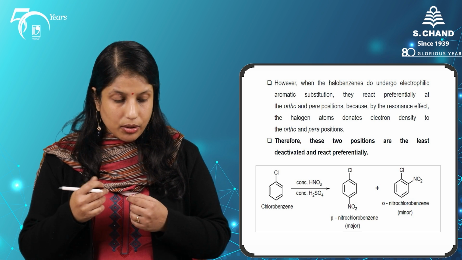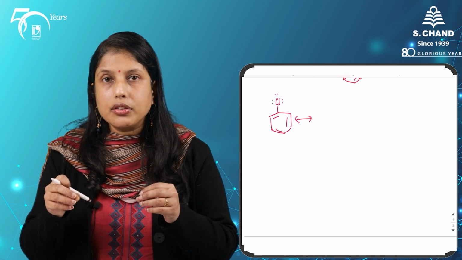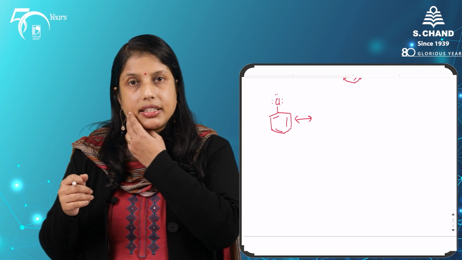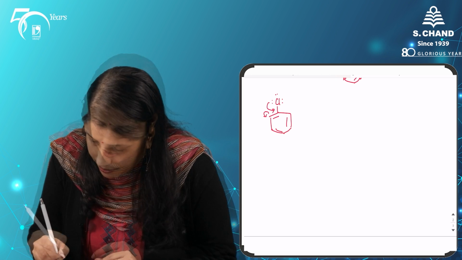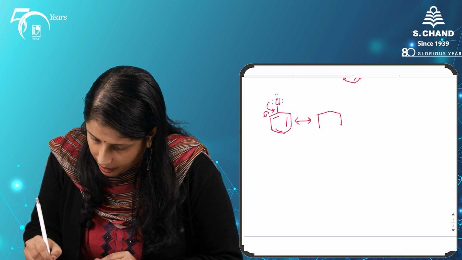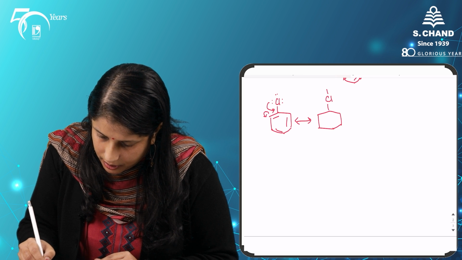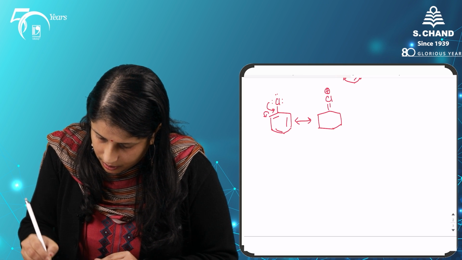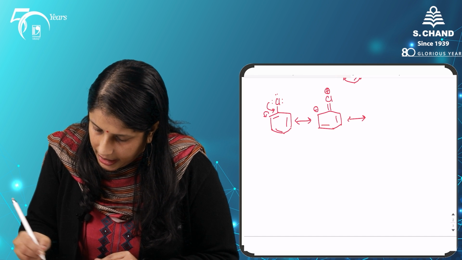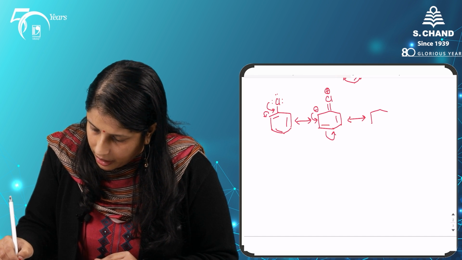So, let's take a look. In chlorobenzene, these non-bonding electrons will be involved into the aromaticity of the ring. We can draw resonating structures. Keep moving our electrons to draw the resonating structures.